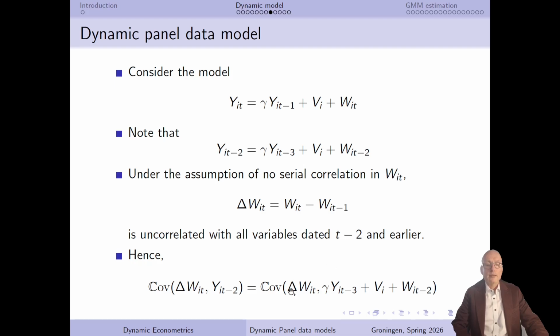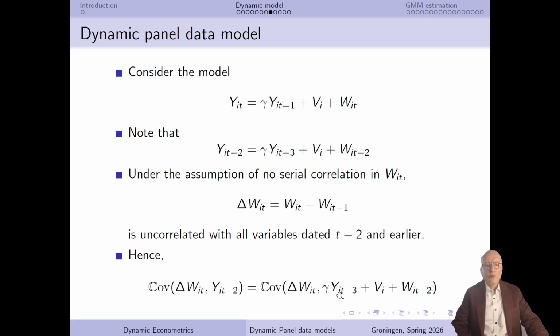Of course, delta w_{it}, which is w_{it} minus w_{i,t-1}, is going to be uncorrelated with v_i. That is what weak exogeneity says. In addition, delta w_{it} is also going to be uncorrelated to this w_{i,t-2}, just by what I said before.